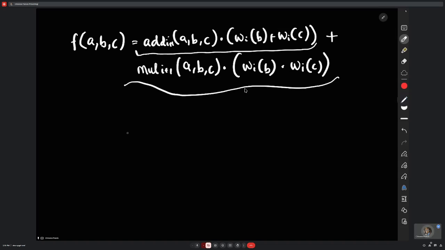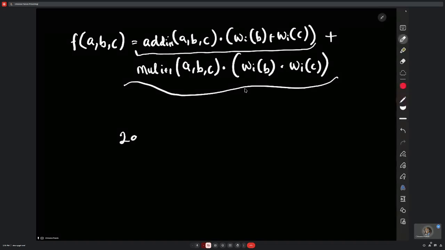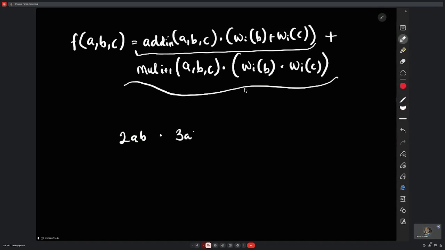So if we have 2ab times 3ab, what are we going to get? 6a squared b squared, right? So this is no more in the multilinear domain. It's now a multivariate.